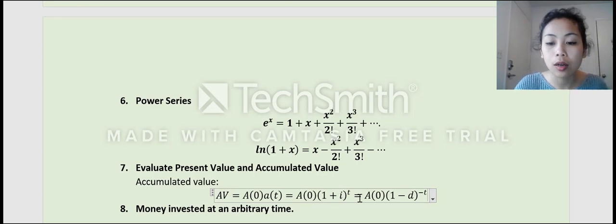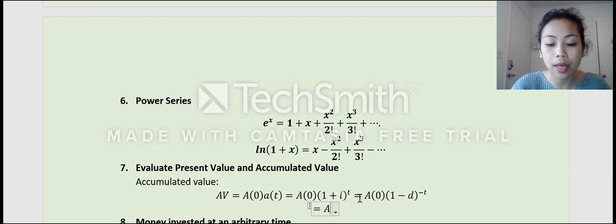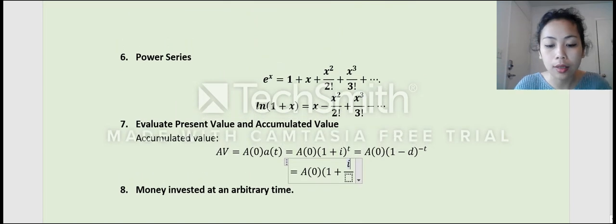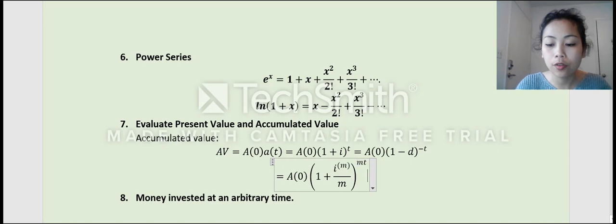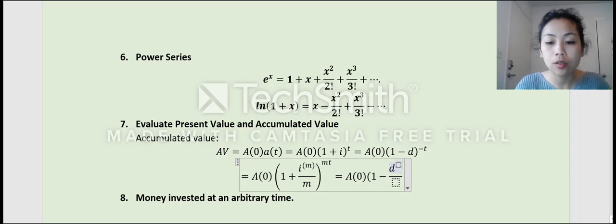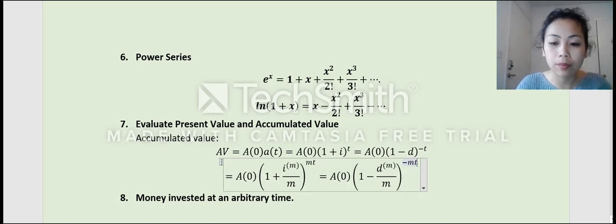If you use the nominal rate of interest, this becomes A0 times (1 plus i superscript m over m) the whole thing raised to mt. If you use the nominal rate of discount, this becomes A0 times (1 minus d superscript m over m) the whole thing raised to negative mt.